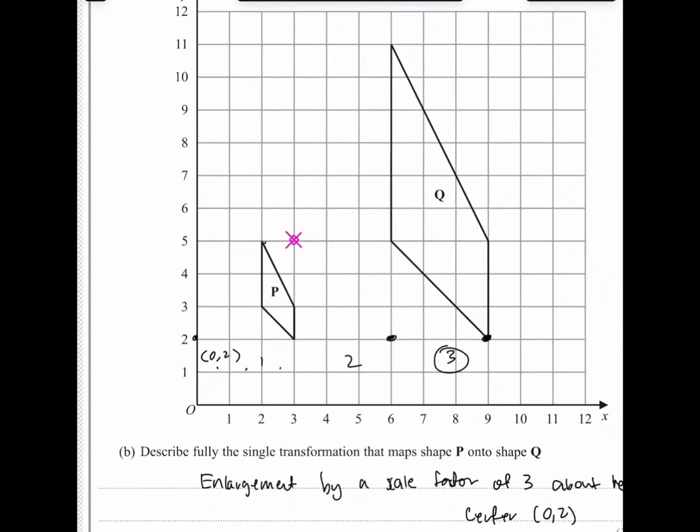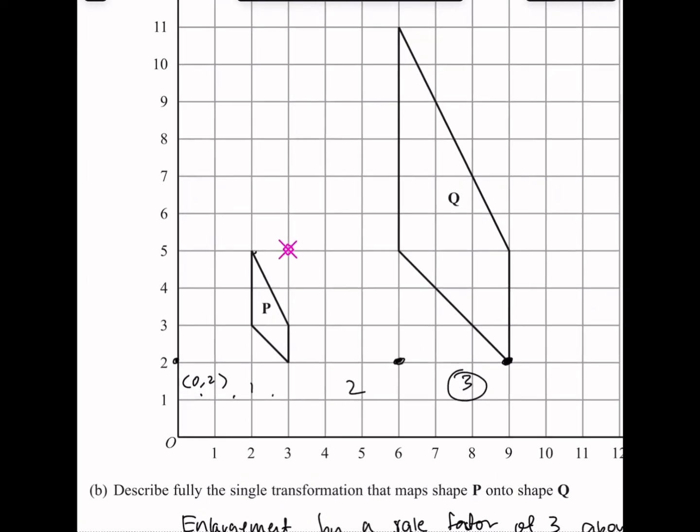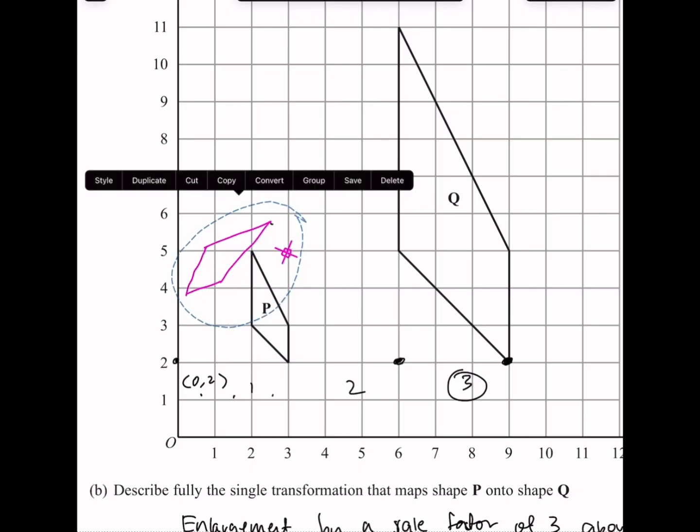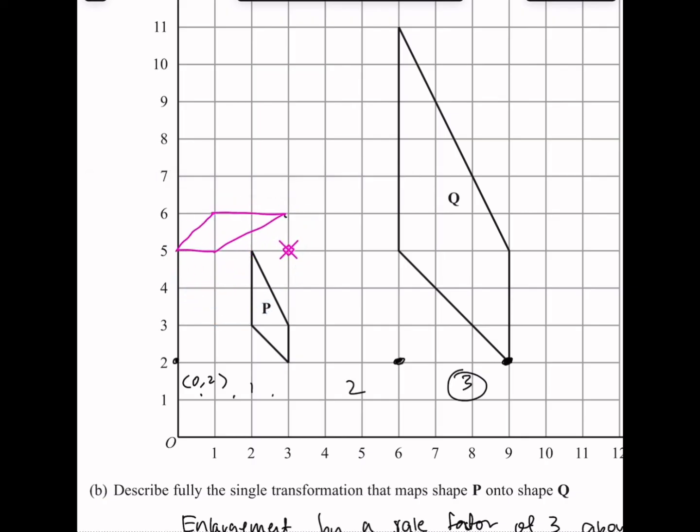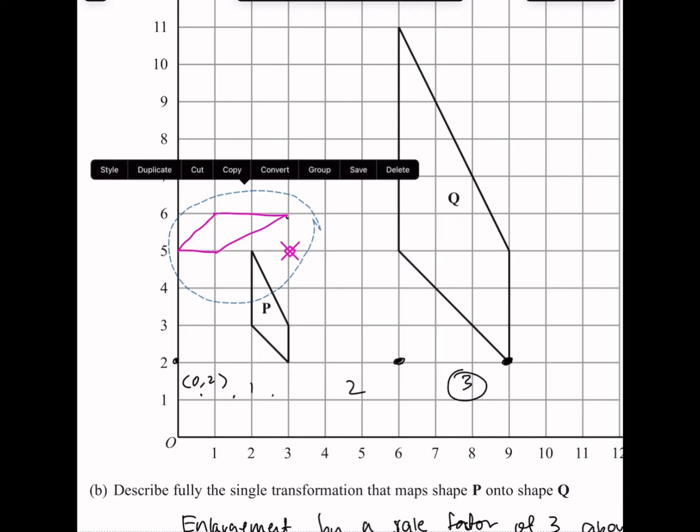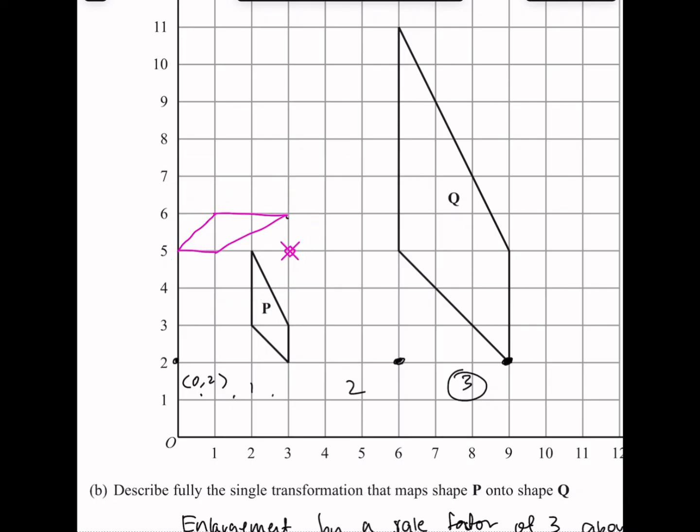So I'm going to rotate this 90 degrees clockwise. So it's this way, and there we rotate it by 90 degrees here. So this is the shape that we get.